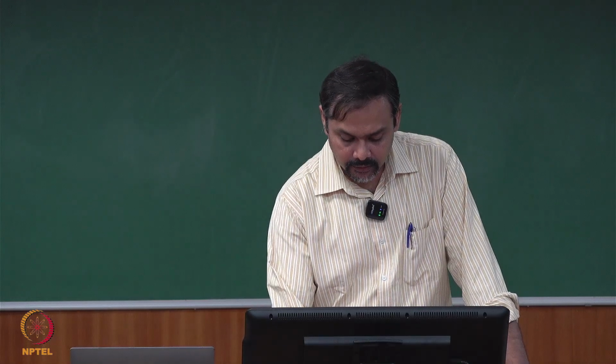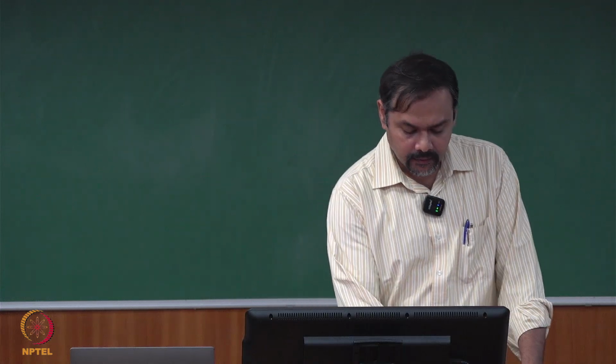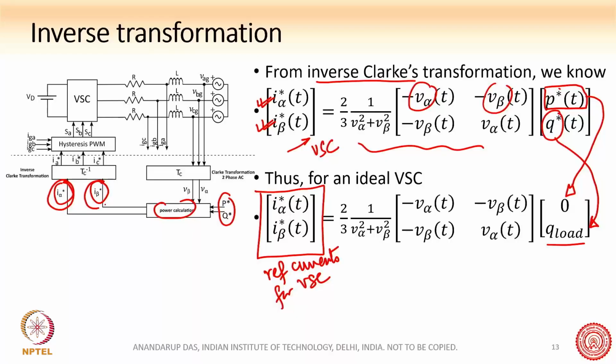So these are the reference currents for the statcom, the reference currents for the VSC. Now you do the inverse Clark's transformation and you get IA star, IB star, IC star.